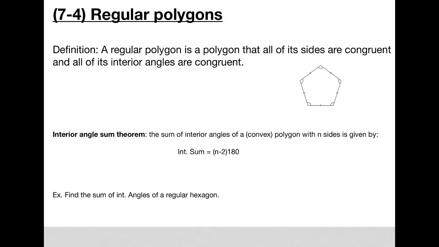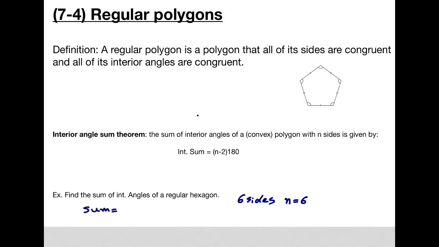Example, find the sum of interior angles of a regular hexagon. So remember, a hexagon has 6 sides, right? So in other words, n equals 6. Now let's write the formula and find the sum.